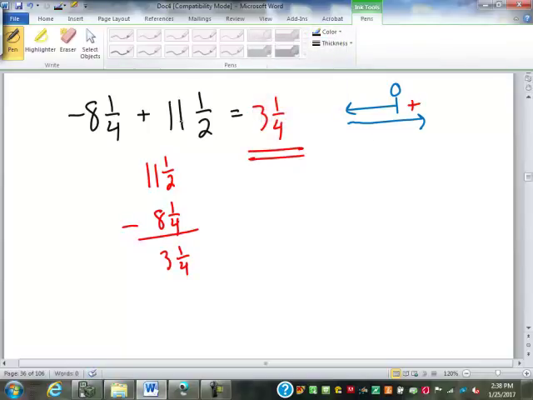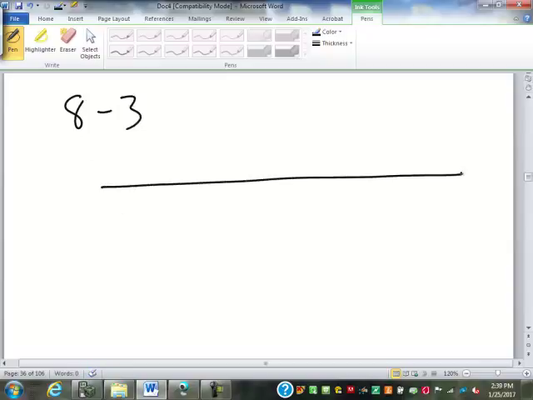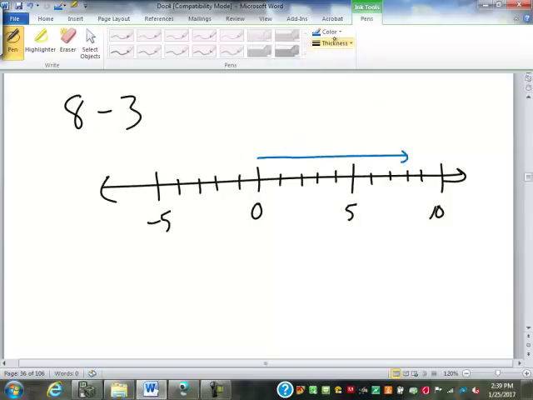Now, if you recall, we did subtraction. When we subtract 8 minus 3, if we look at our illustration on the number line, 8 minus 3 would have been illustrated something like this. There's 8. We go back 3 to get 5. We know that 8 minus 3 is 5.